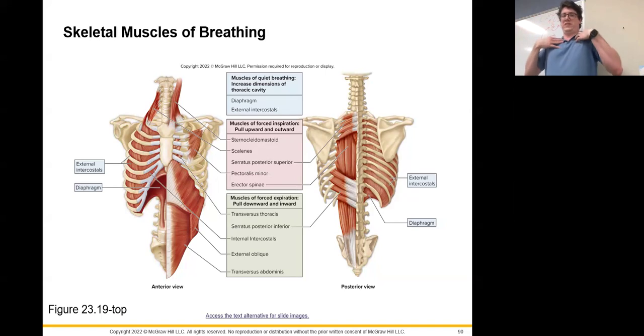Why? Because you're making your rib cage even larger. Your external intercostals are really trying to pull your ribs out, so much so that they're getting help from your pectoralis minor and your erector spinae. So we're pulling the rib cage up and out in the front, and we're pulling the rib cage back in the back. So we're really trying to stretch the rib cage out as much as we possibly can.